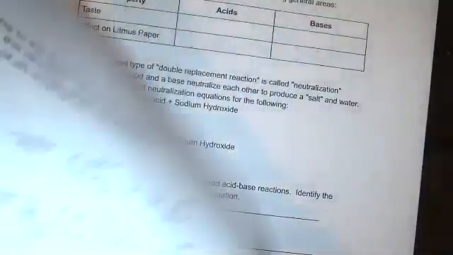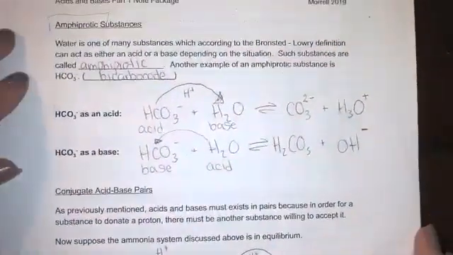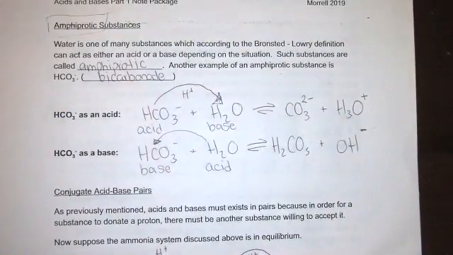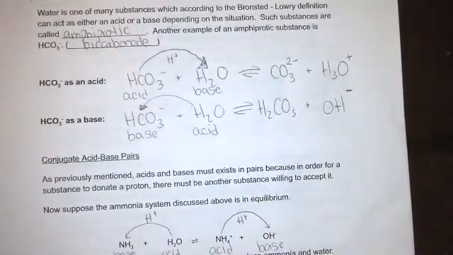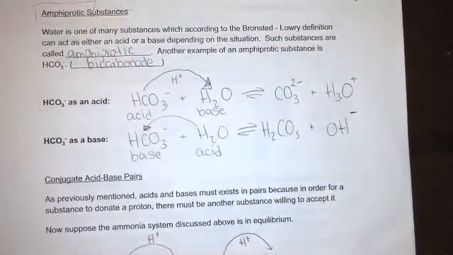All right, two more things to talk about here. There's something called amphiprotic substances. So an amphiprotic substance, for example, water, can act as either an acid or a base depending on the situation.